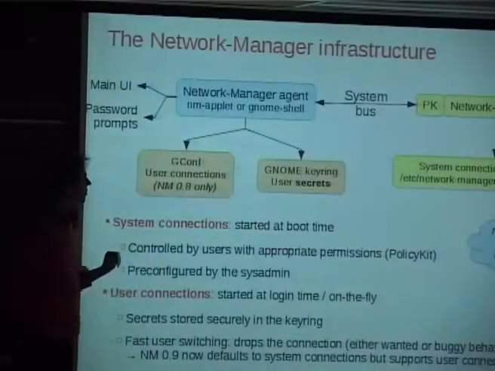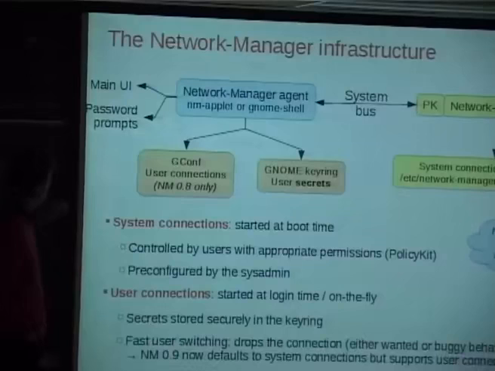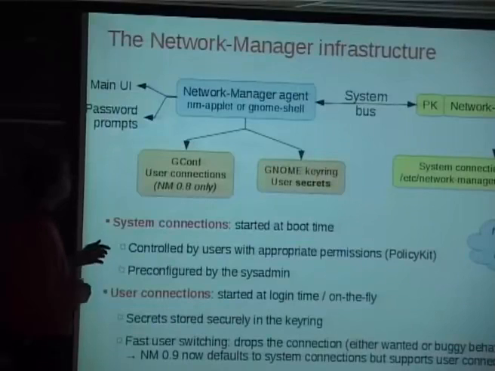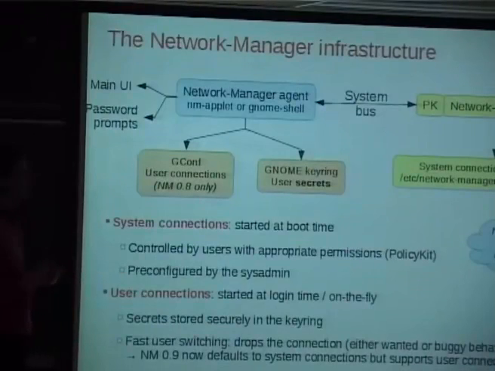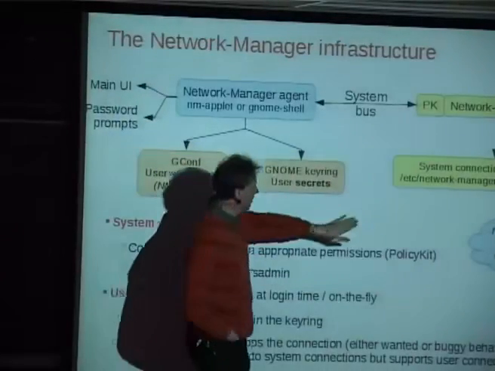This agent is responsible for the main user interface, which is, you click and you say connect to this network, and also password prompts in the same way as the keyring. For example, the Network Manager daemon might say, I need secrets for that connection, prompt the user for these secrets. System connections are always stored here.